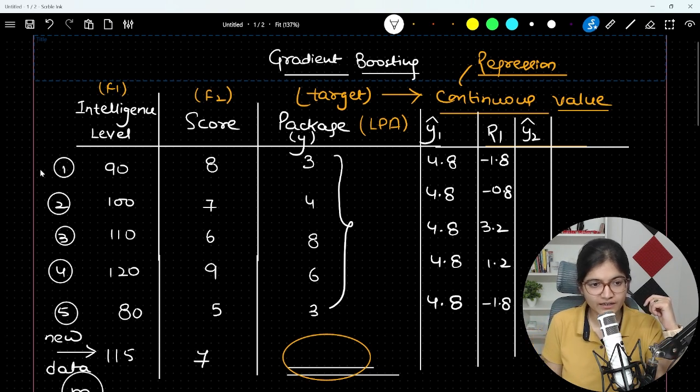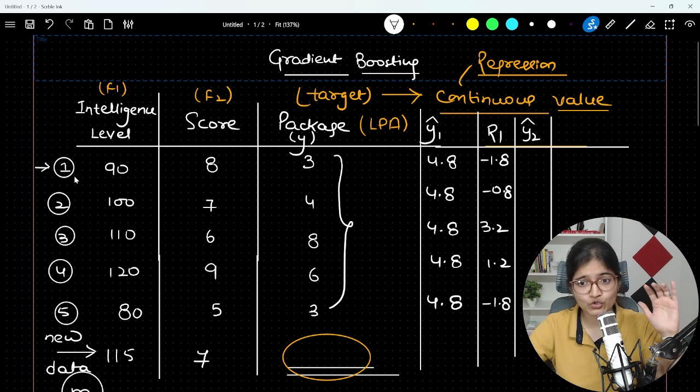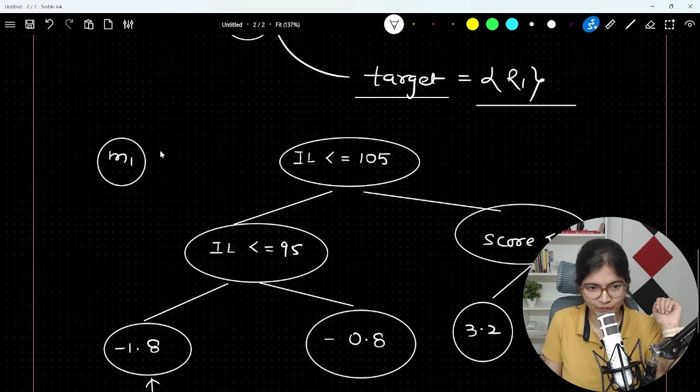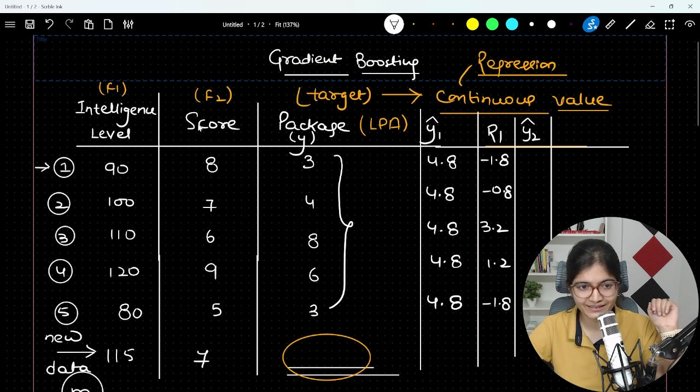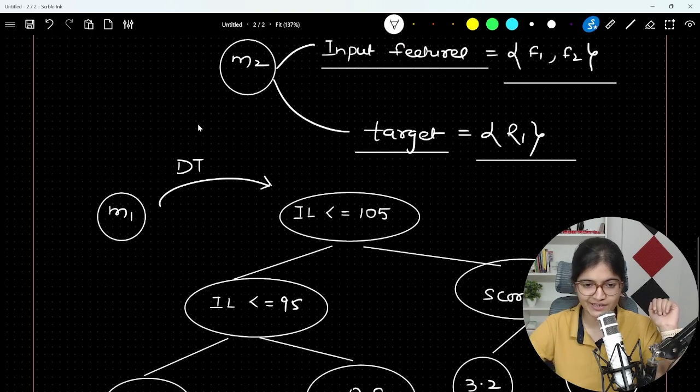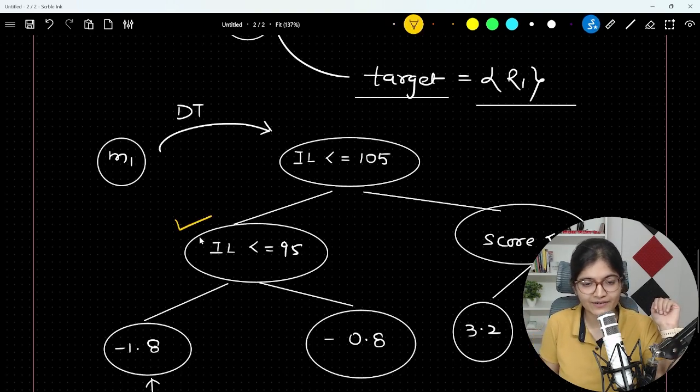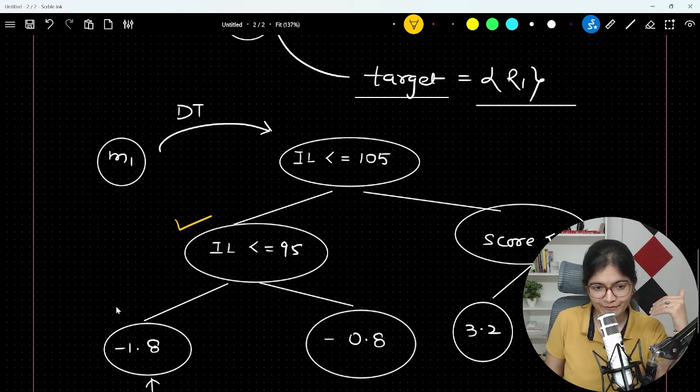If you see record number 1, we are saying that the intelligence level is 90 and the score is 8. So it will go to decision tree 1 given by model M1. This is the decision tree that we have. The intelligence level is 90, so it will go towards the left side. Again, the intelligence level is 90, so it will again go towards the left side.